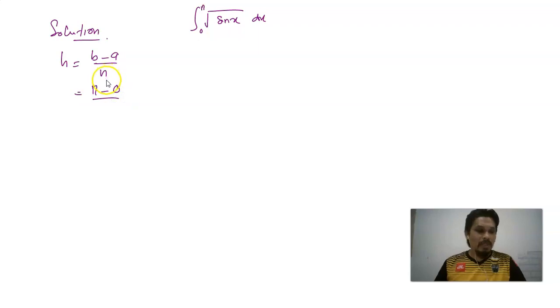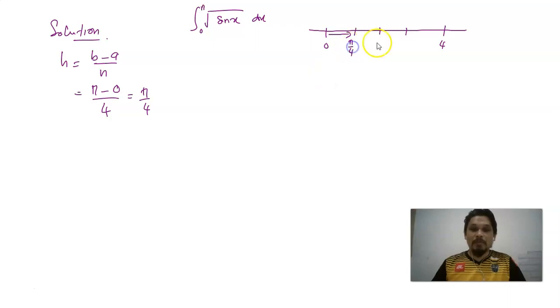How many strips do we have just now? Yes, 4, equal to pi over 4. So it means that here from 0 until 4, 1, 2, 3. Okay. From here, which is pi over 4, pi over 4 plus pi over 4.